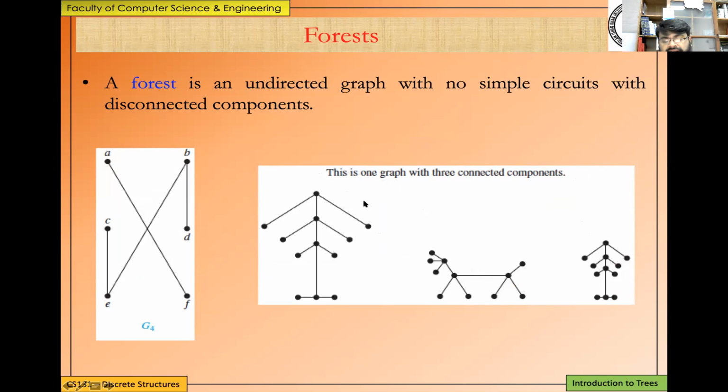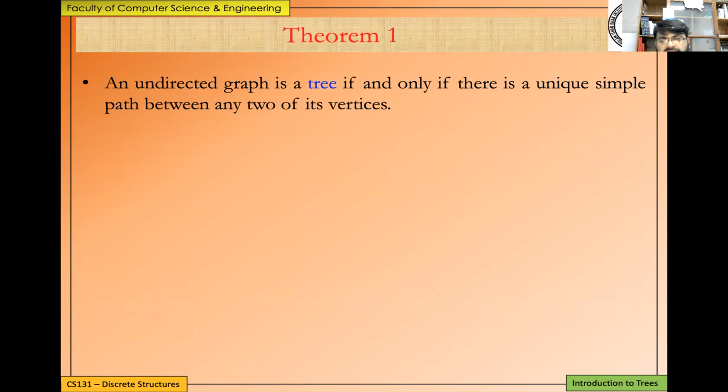This single graph has three connected components, right? Three different connected components, and no circuits as well. So this is a forest by the definition. Note that each of the connected components of a forest is basically a tree. So if you take a connected component of a forest, it is going to be a tree.